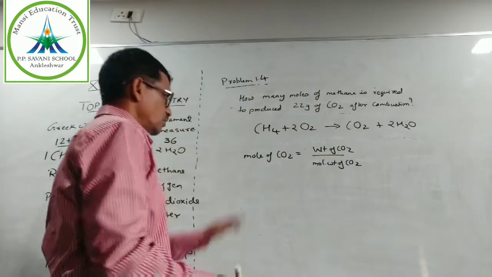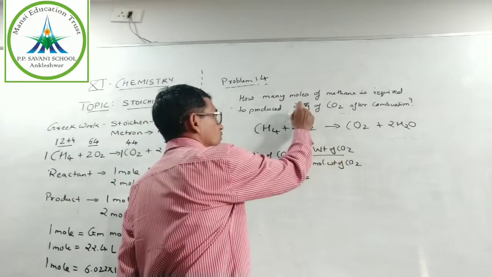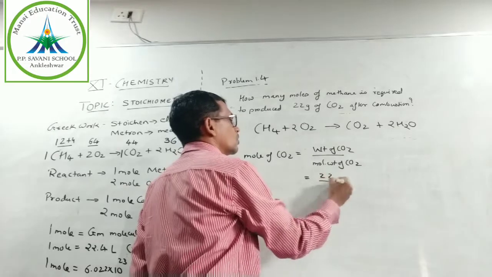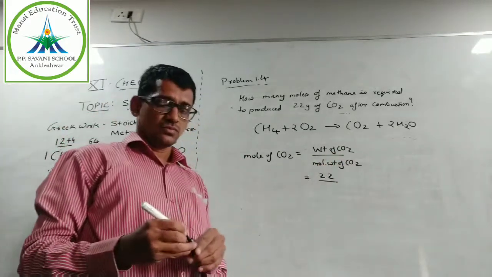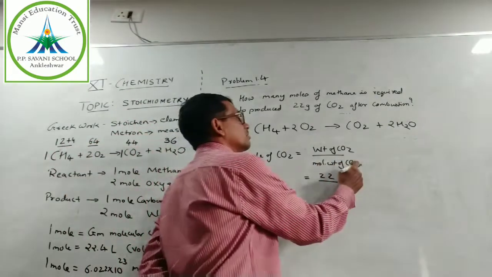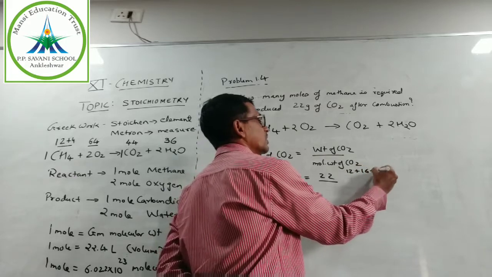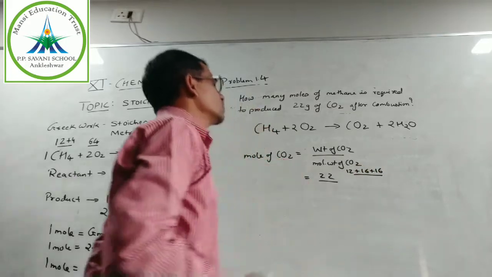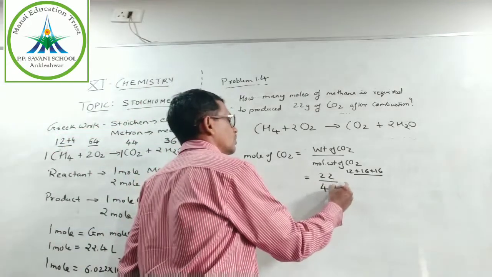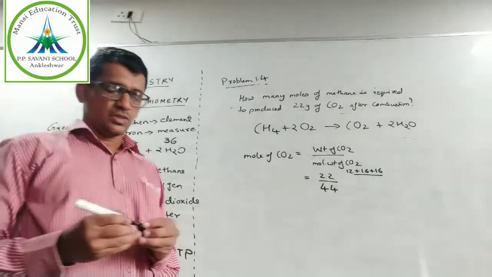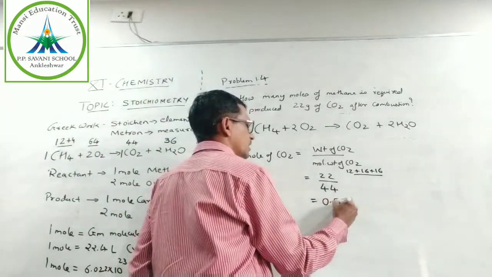Weight is given, we want to produce 22. Molecular mass of CO2: carbon is 12, oxygen 16, so 16 plus 16. So total it is coming 44. So molecular mass of CO2 is 44, 22 by 44, so it is coming 0.5.